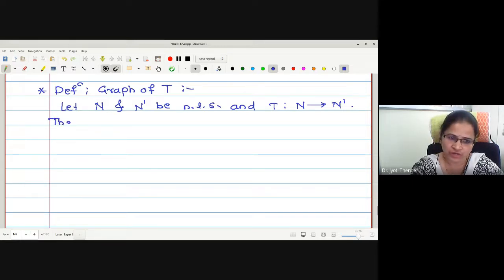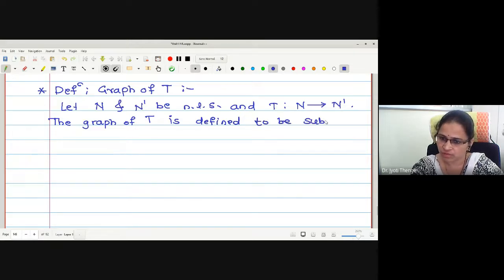Then the graph of T is defined to be a subset of N cross N dash. Correct? We have to consider the Cartesian product, no? Which consists of all ordered pairs.